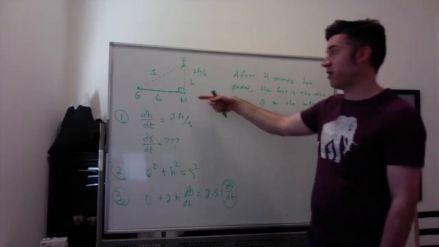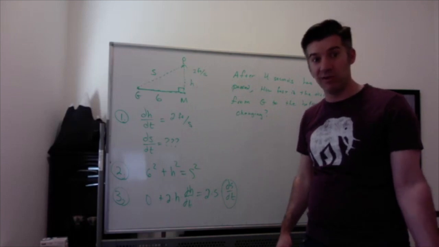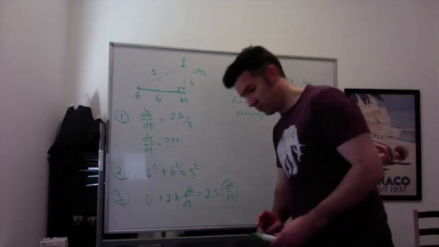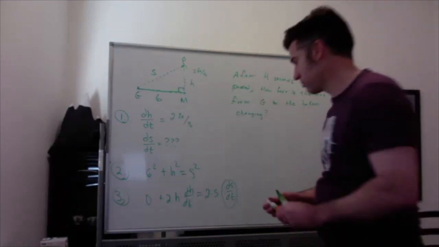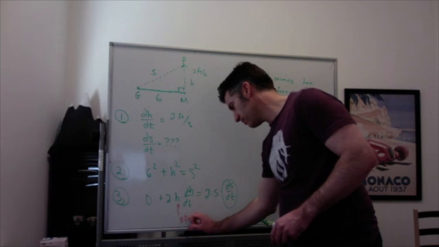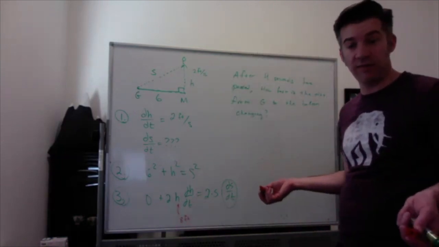So if 4 seconds have gone by and the balloon rises at 2 feet per second, how high is the balloon? My favorite number, it's 8 feet, right? 2 feet per second times 4 seconds is going to give you 8 feet.